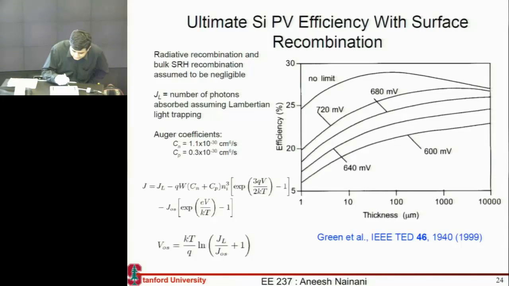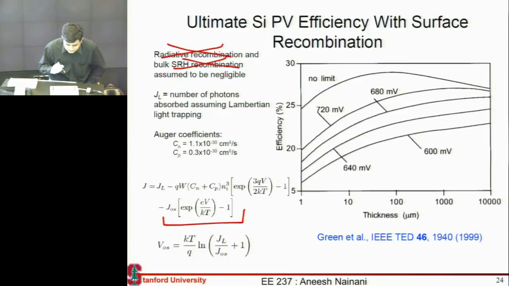Let's say a hypothetical situation where you have no radiative, no surface, and no Shockley-Read-Hall recombination. Essentially, this term, which comes due to recombination in the depletion region or due to radiative recombination, will become 0.